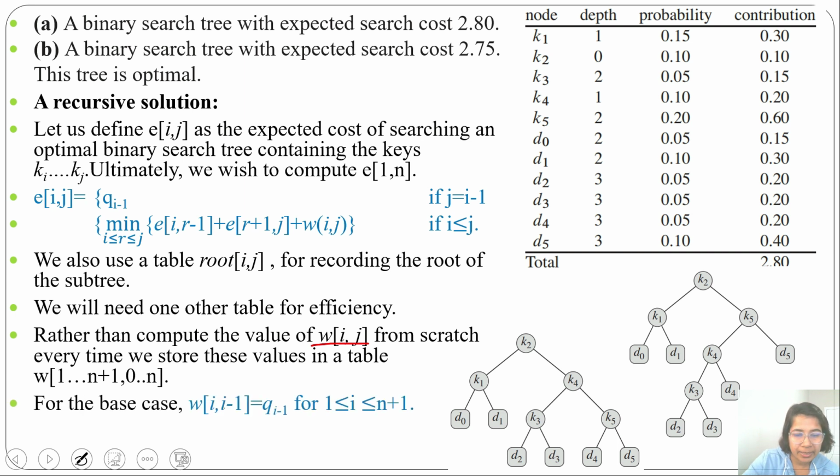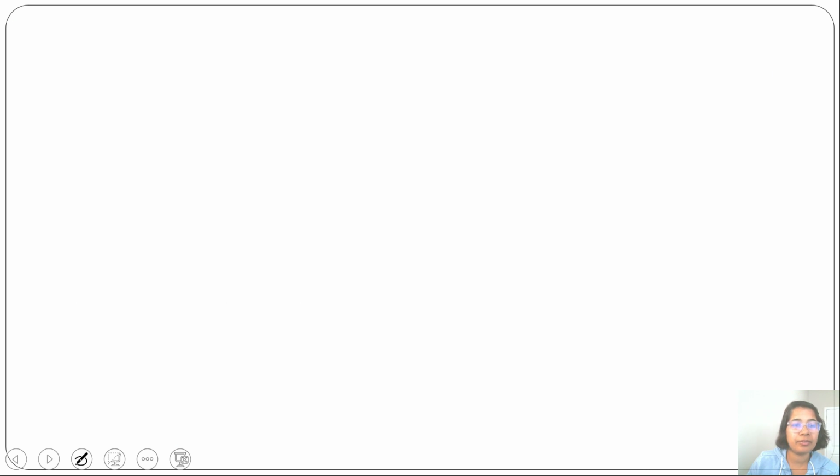So for the base case, w[i][i-1] equals q(i-1), for 1 less than or equal to i less than or equal to n plus 1, else w[i][j] equals w[i][j-1] plus p(j) plus q(j) for j greater than or equal to i. So these are the recurrence relations. Based on them, there is an algorithm for finding the optimal binary search tree.